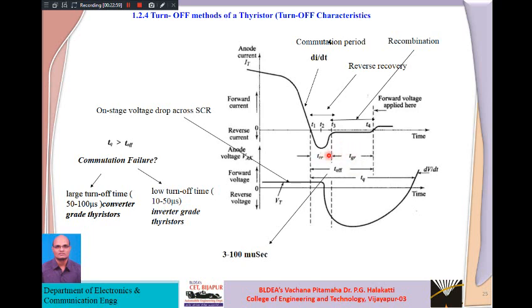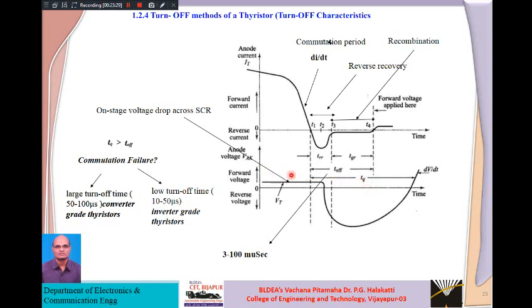So TRR plus TGR will give you the total turn off time, which is around 3 to 100 microseconds. This TQ indicates the total turn off time of the circuit, in which Toff indicates the SCR turn off time, and TQ indicates the circuit turn off time, with the SCR treated as one component or part of the circuit.